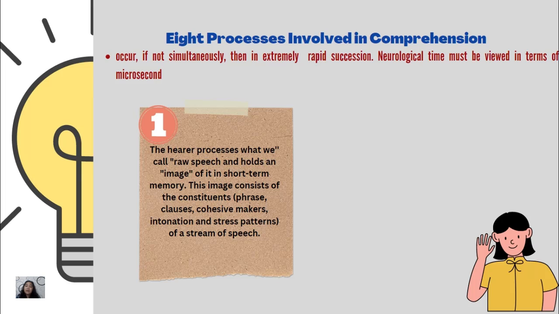Basically, this first process, adapted from Clark and Clark and Richards, is somehow similar to what I mentioned a while ago, the psychomotor process of hearing. And this raw speech, or the direct speech of the speaker that holds grammatical structure and meanings, will be processed in our brain.